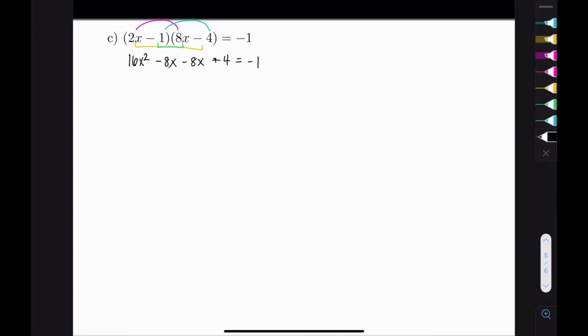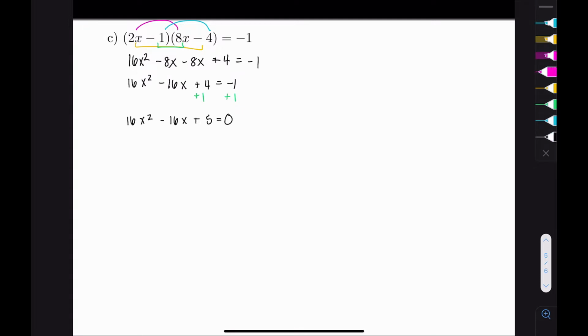And that equals negative 1. So combining these on this side, this is 16x squared minus 16x plus 4 equals negative 1. And then again, I need to get a 0, so let's add the 1 to both sides. And that gives us 16x squared minus 16x plus 5 equals 0.